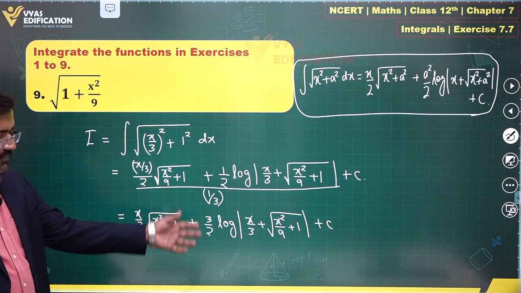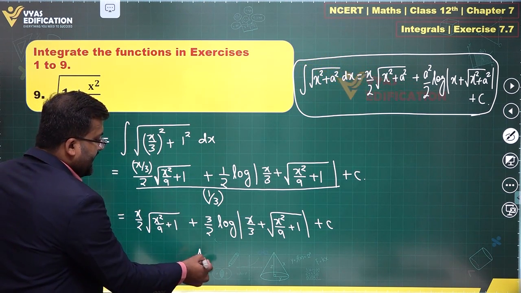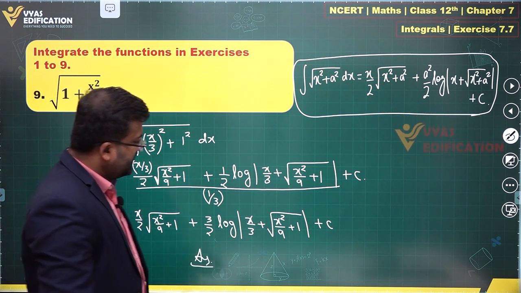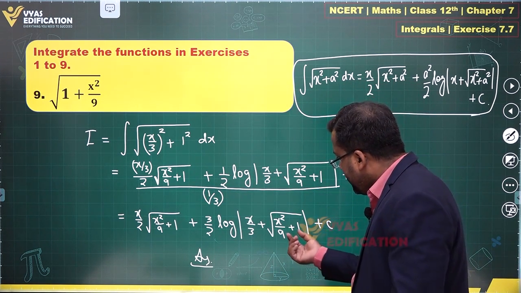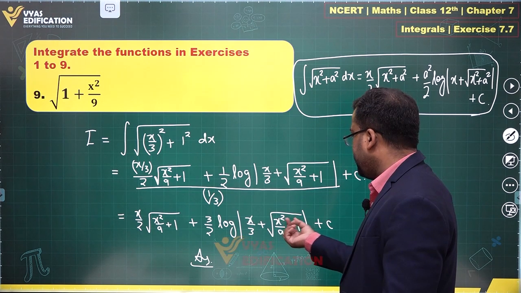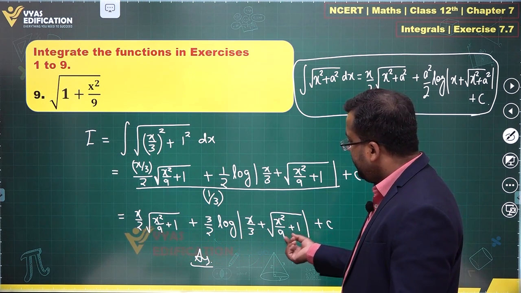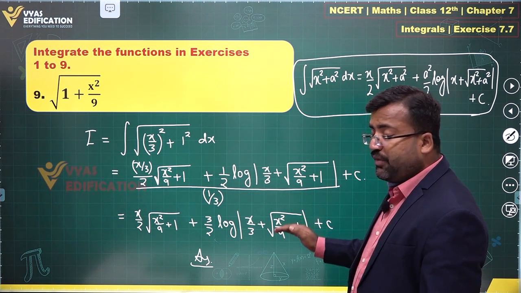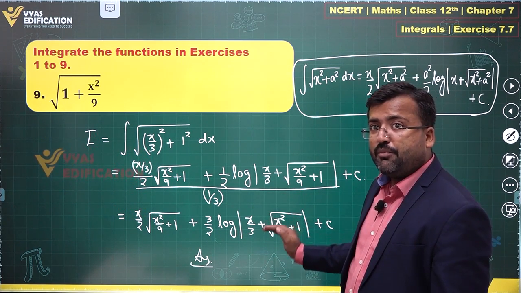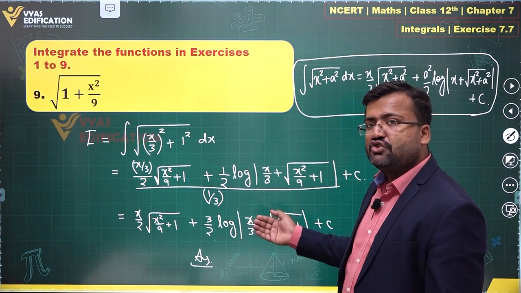This is what I see getting, and that's my final answer, except that you may encounter a small modification in the result by some further analysis. What is that? You see this 9, this can be multiplied together, x square plus 9 will be here, and you'll get a 3 in the denominator. So log of m upon n can be written as log of m minus log of n.